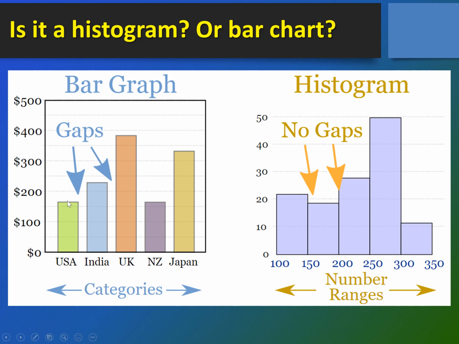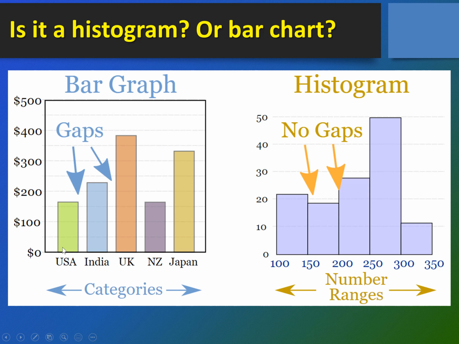This here is a frequency, even though it says money; it's how many dollars, so it's a frequency of dollars. Over here, it's a frequency of values within this number range. A big hint with bar graph versus histogram, if you had no labels, is that a bar graph is always going to have gaps between its bars, whereas a histogram typically butts up next to each other along the side.